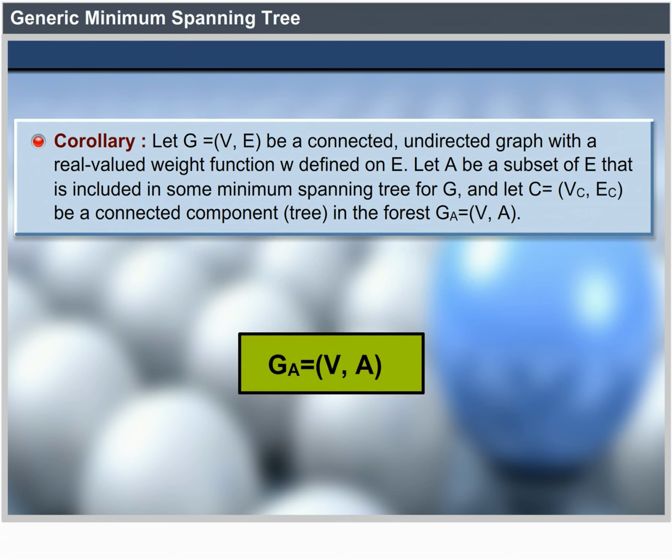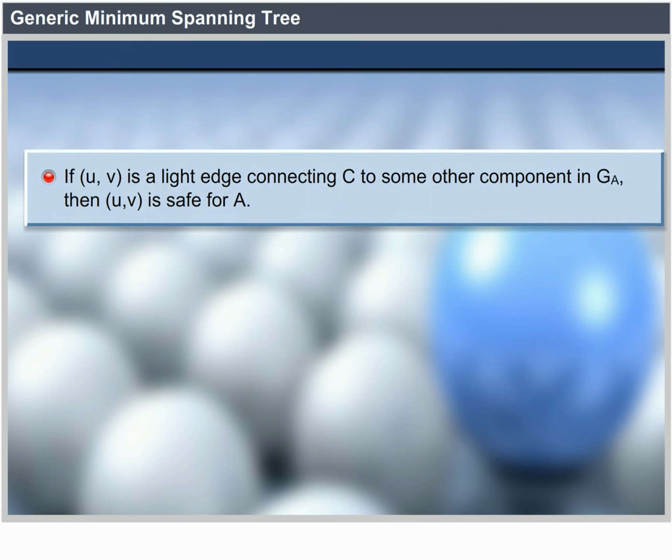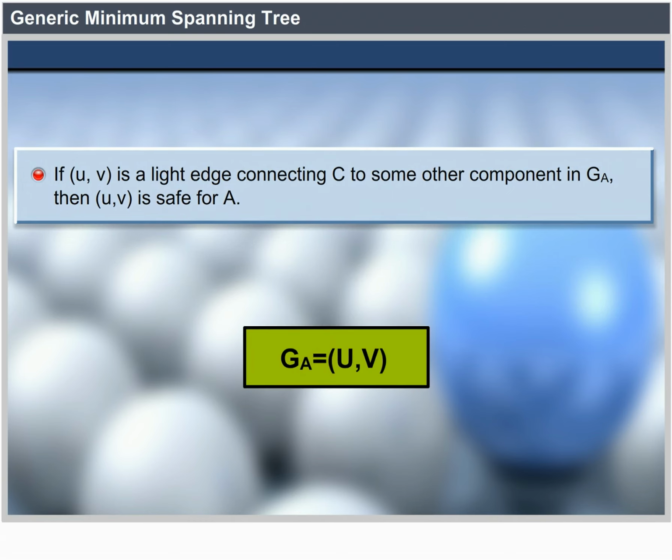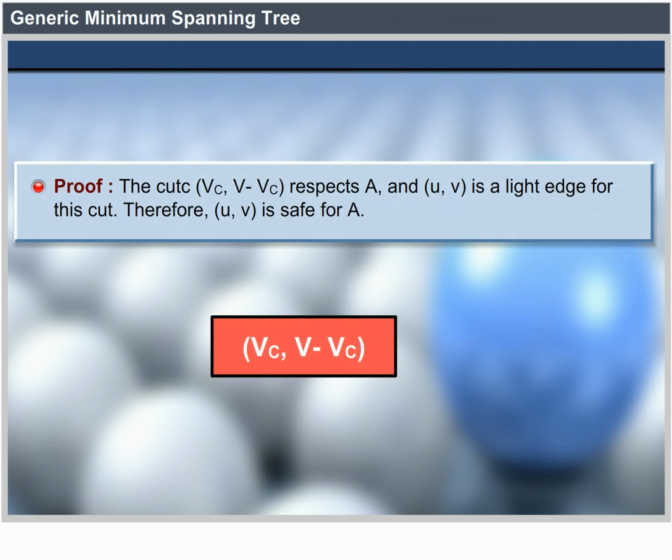If (u, v) is a light edge connecting C to some other component in GA, then (u, v) is safe for A. Proof: the cut (VC, V - VC) respects A, and (u, v) is a light edge for this cut. Therefore, (u, v) is safe for A.